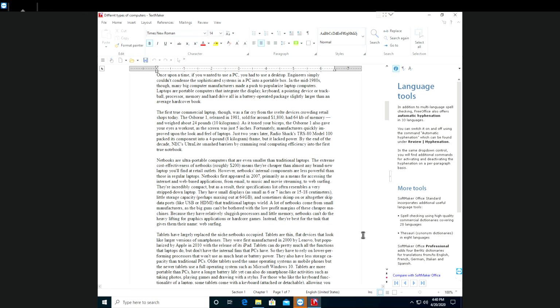A lot of netbooks come from small manufacturers, as the big guns can't be bothered with the low profit margins of these cheap machines, but they have relatively sluggish processors and little memory. Netbooks can't do the heavy lifting for graphics applications or hardcore games. Instead, they're best for the task that gives them their name: web surfing.